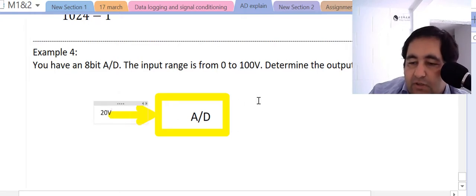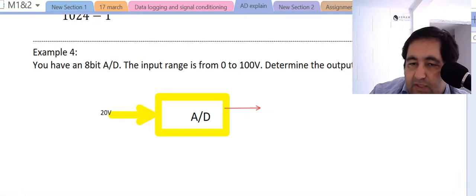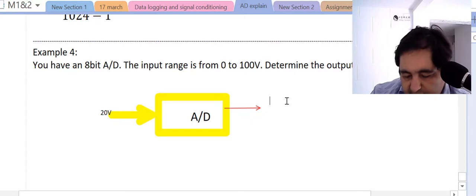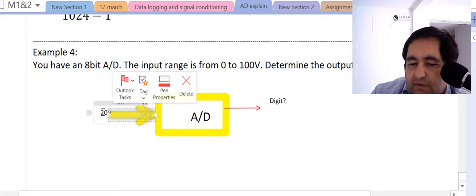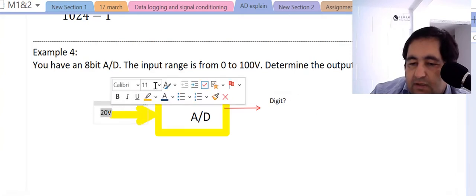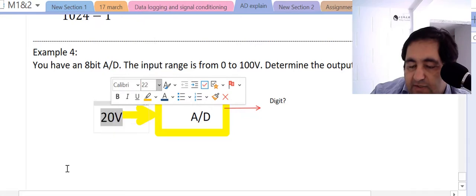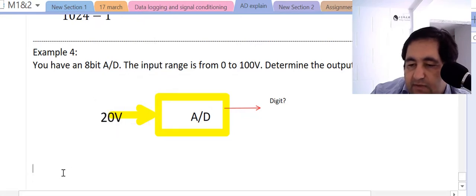What you're getting outside is a digit. So we want to know what the output is. I do it like that so that we get more idea of what these digits are. When 20 volt gets in, how many digits am I going to read?